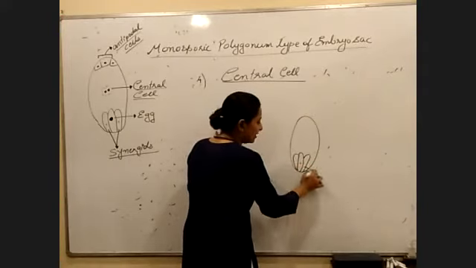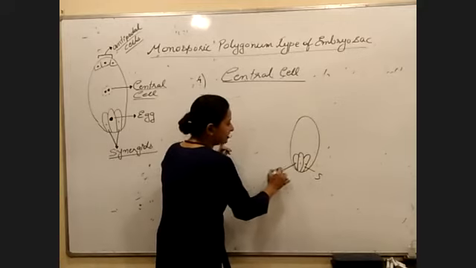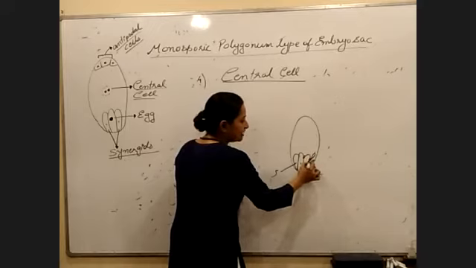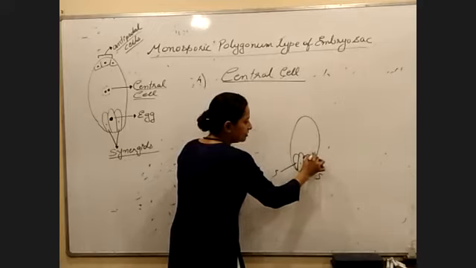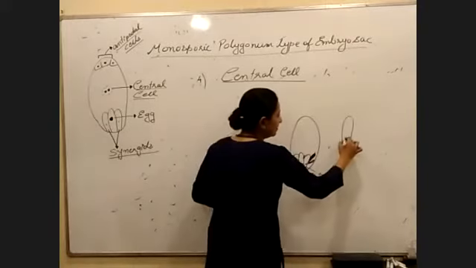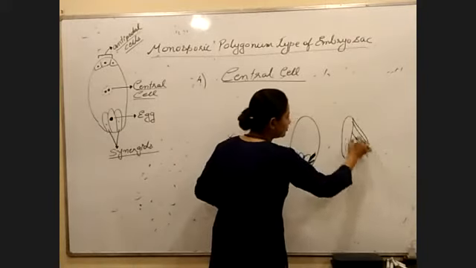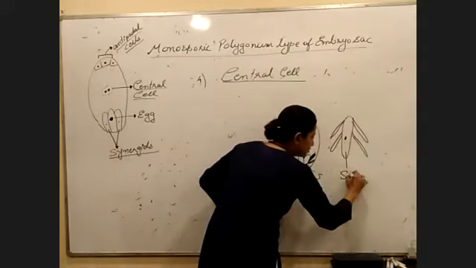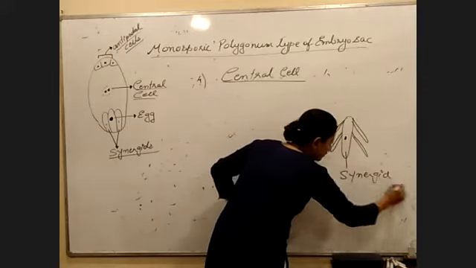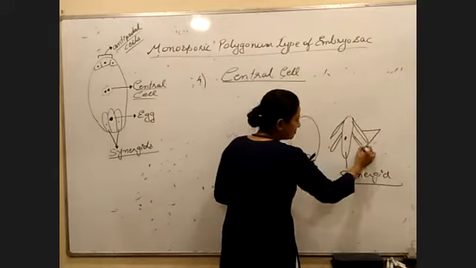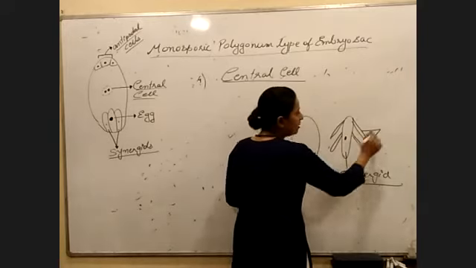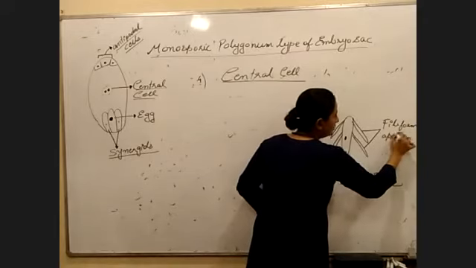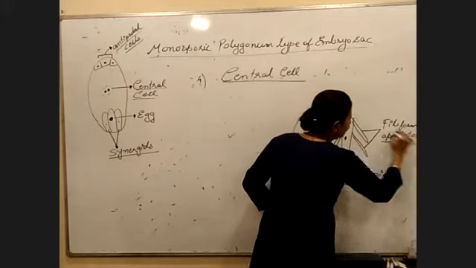From the synergid, some finger-like projections will come out, and these are called the filiform apparatus. Is it clear now?